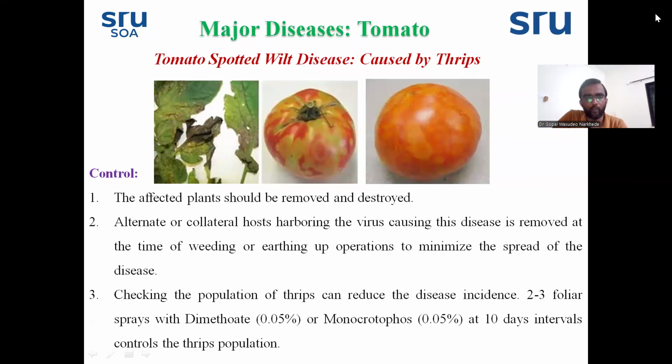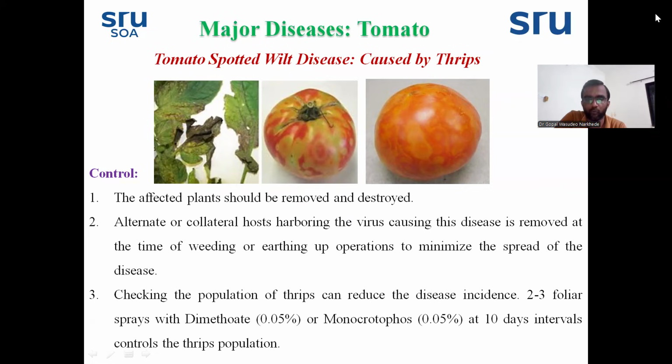Then next is tomato spotted wilt virus. It is also a viral disease, spread by thrips. As far as control measures, the affected plants should be removed and destroyed.